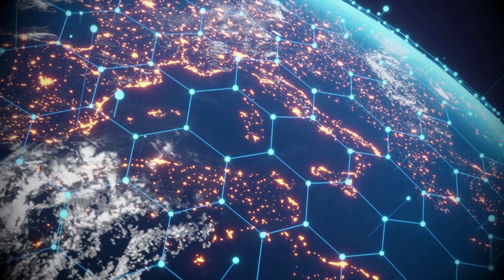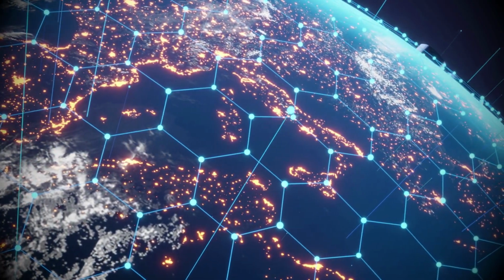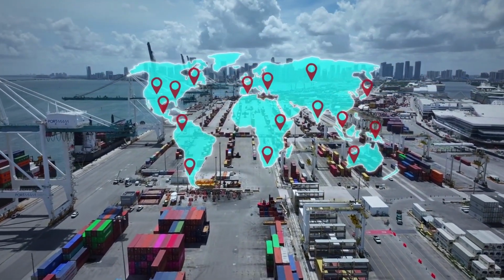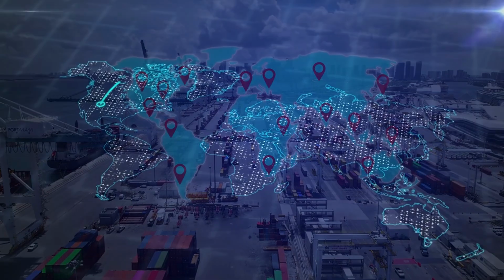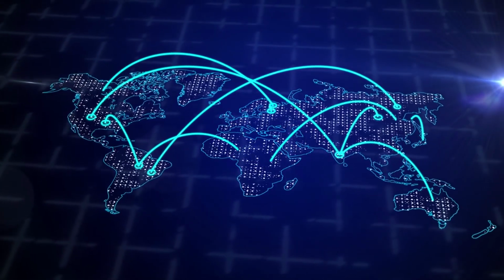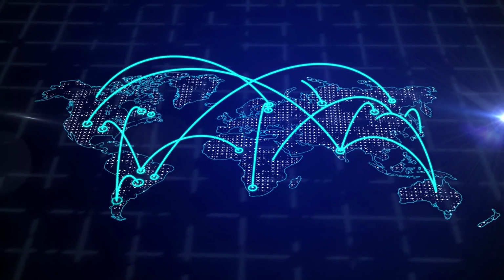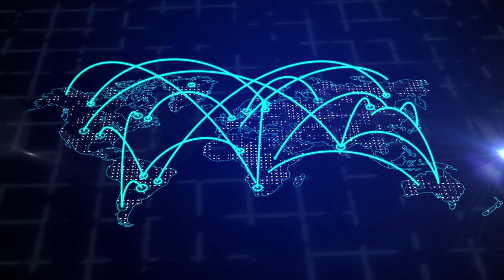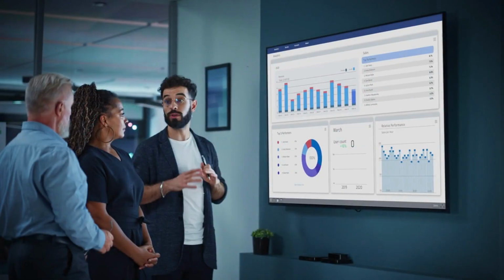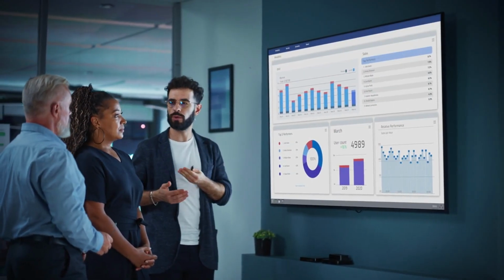Why global investing matters in 2026. The global financial system in 2026 is highly interconnected. A slowdown in one region can impact supply chains worldwide, while technological breakthroughs in another region can create massive global opportunities. This interconnectedness creates two important realities.